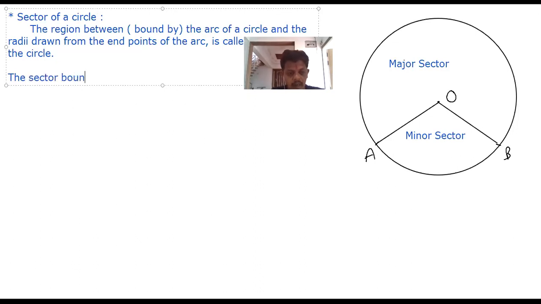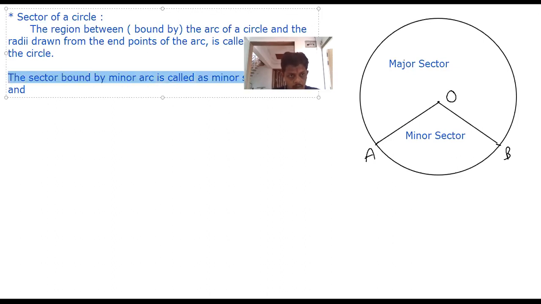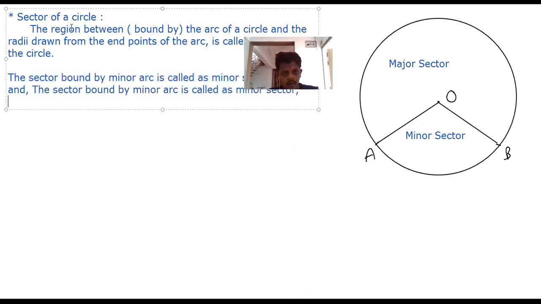The sector bound by the minor arc is called a minor sector, and the sector bound by the major arc is called a major sector.